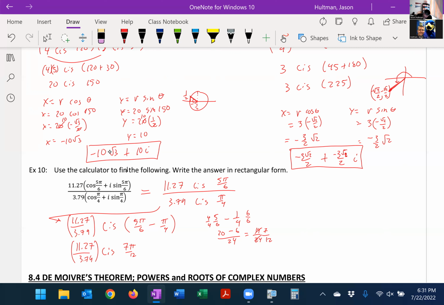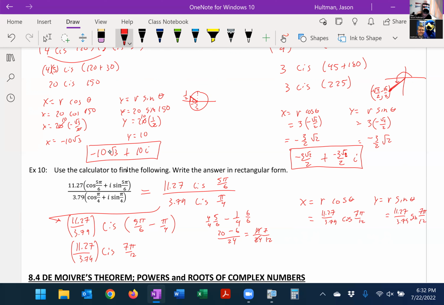So x is equal to 11.27 over 3.79 times the cosine of 7 pi over 12. I'm not going to get that number just yet; I'm going to plug that into the calculator in a minute. Y is equal to 11.27 over 3.79 times the sine of 7 pi over 12.